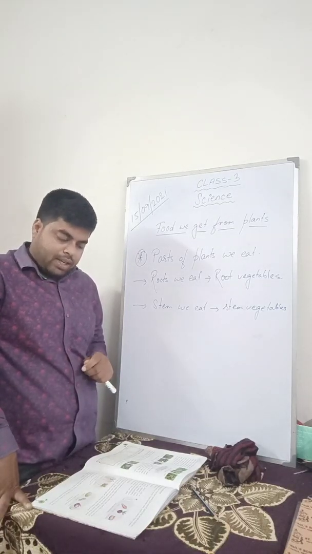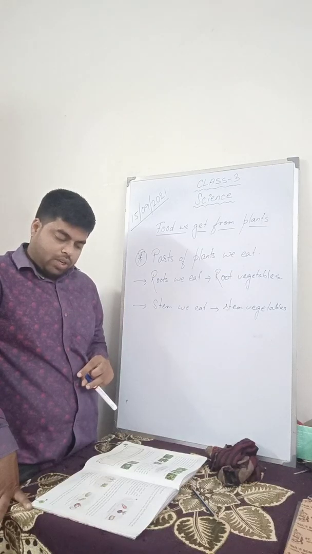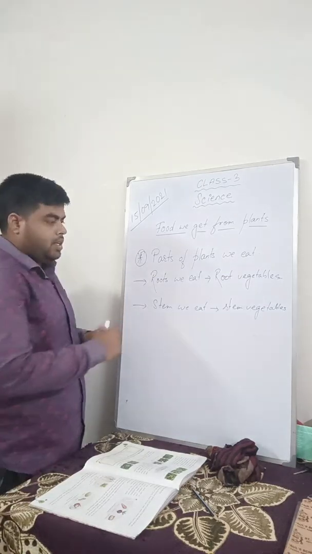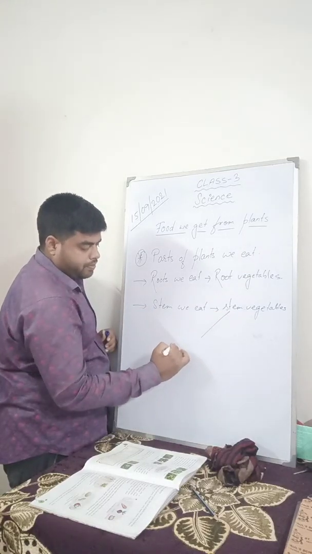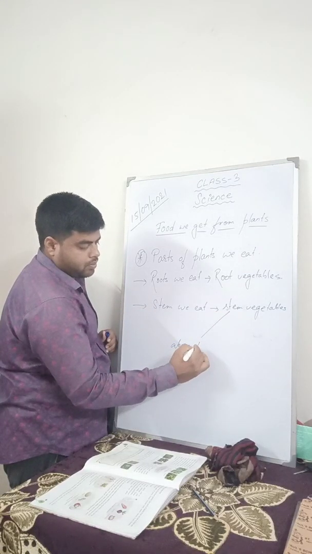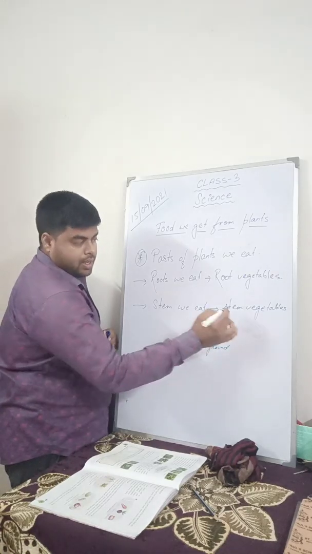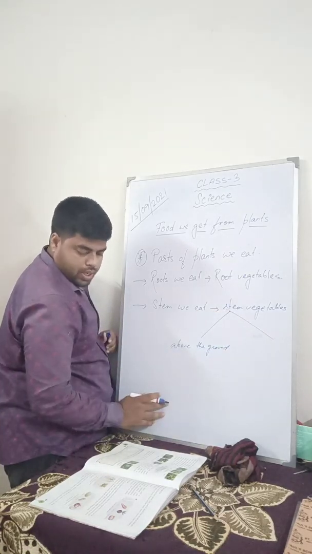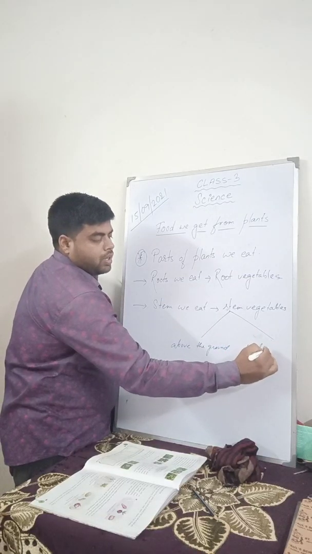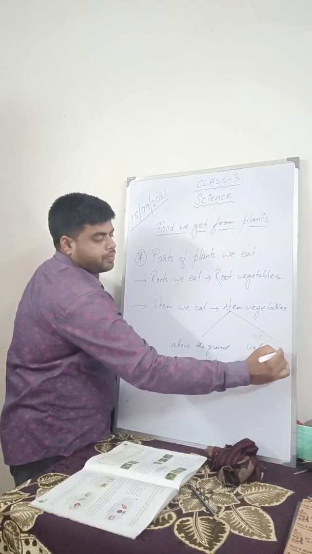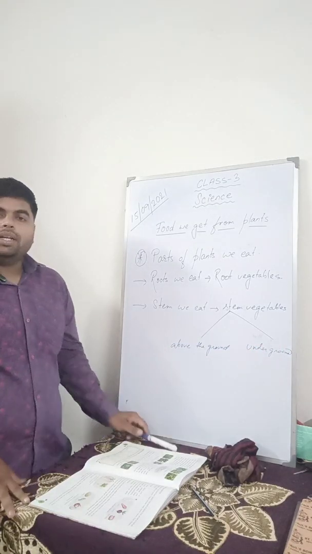They can be further divided into edible stems that grow above the ground and those that grow under the ground. A few of these stem vegetables grow above the ground, for example sugarcane and beetroot, and there are a few which grow underground, for example potato, ginger, and onion.